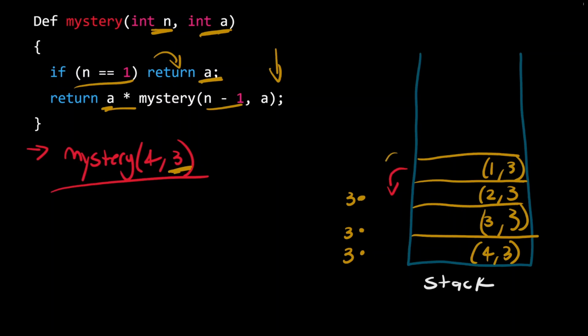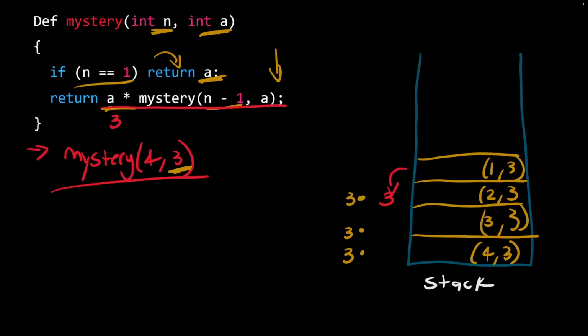And now we're finally going to get our first return statement. It's going to say return a, so it's going to return 3 here. So 3 is going to be returned. What's 3 times 3? It's going to evaluate right here.